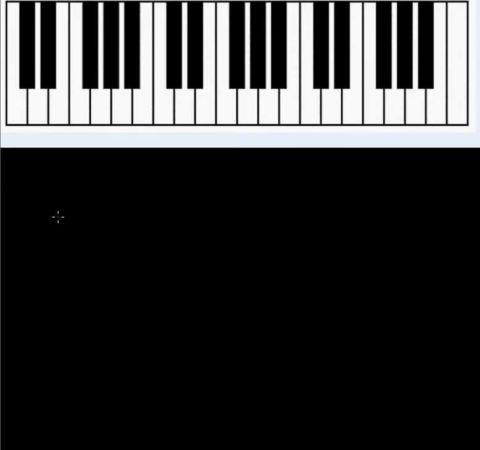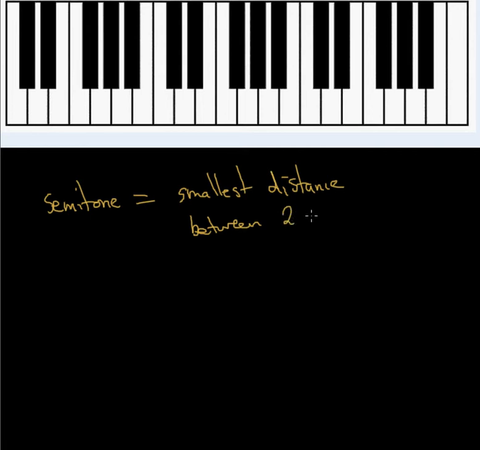In the last video, we talked about semitones. We said that a semitone was the smallest distance between two notes.